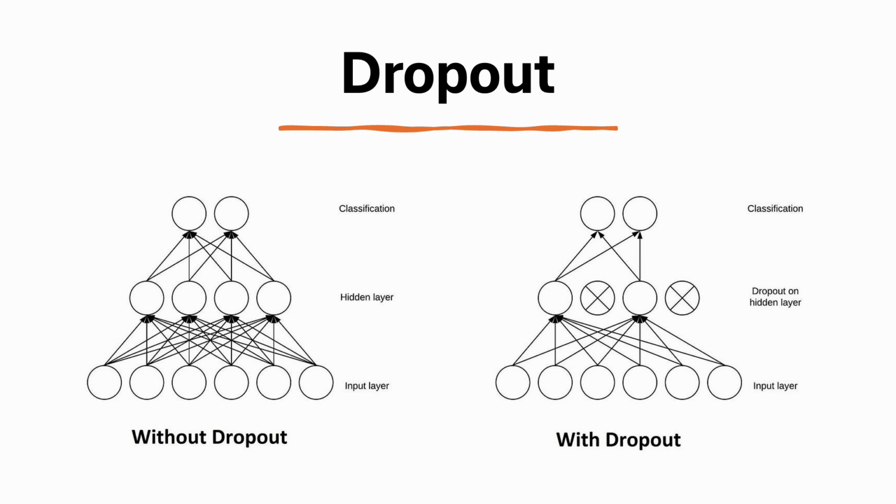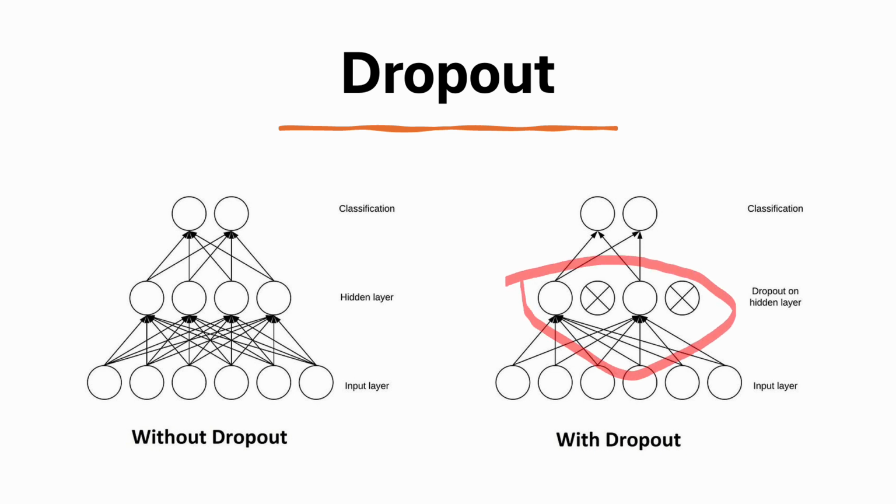One method to reduce overfitting is dropout, which was introduced in 2014. At each training stage, individual nodes are dropped out of the network, that means they are ignored, with a probability. So we set up a probability of how many nodes will be dropped out.